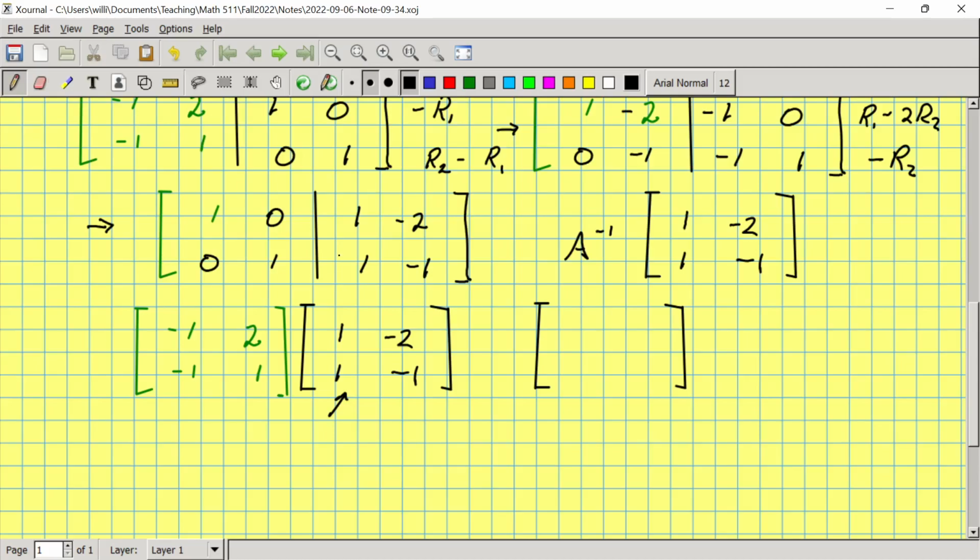Negative 1 plus 2 is a 1. And negative 1 plus 1 is a 0. The second column of our product, according to our matrix A inverse, says negative 2 times the first column minus the second column. Does everybody see that?